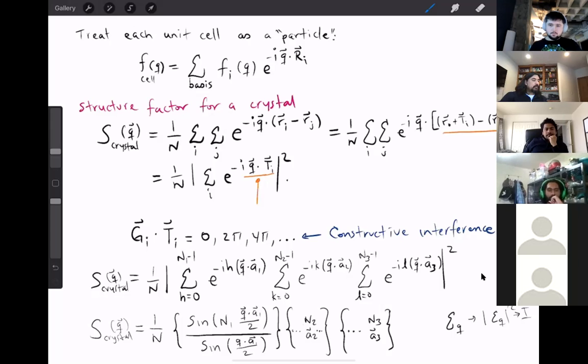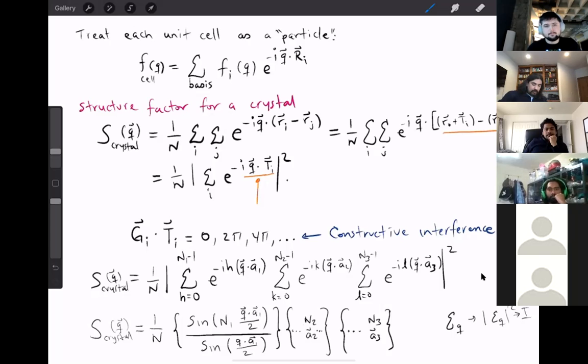So what I have here is that this structure factor is the product of those three brackets, and that determines the intensity of the scattering. So this is where this is interesting, right? I want to get the intensity, so I have to square it.